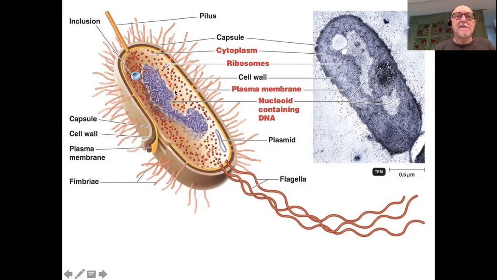And suspended in the cytoplasm, you can see these little bodies here. These are all of the ribosomes. The ribosomes are responsible for producing protein. They're the ones that actually translate the message from the DNA. They are the ones that ultimately produce the protein, and we will eventually see exactly how they do that.